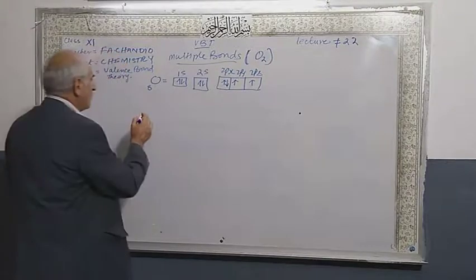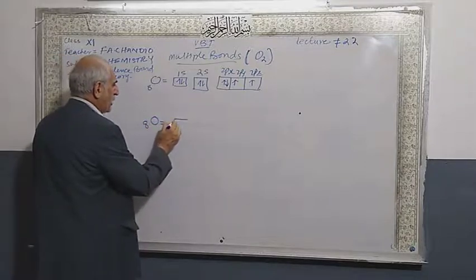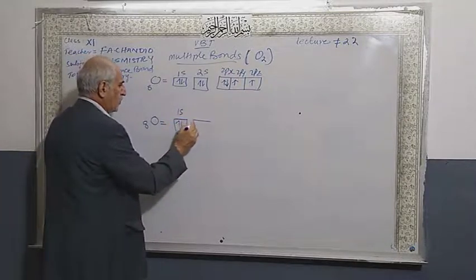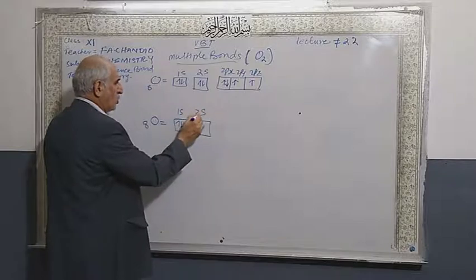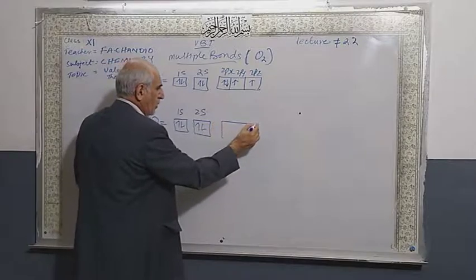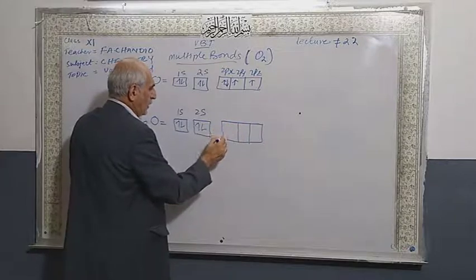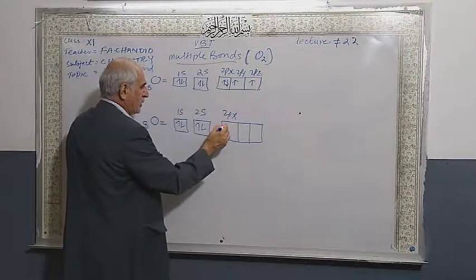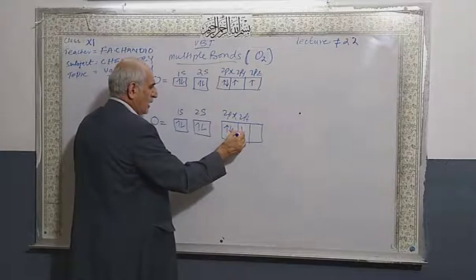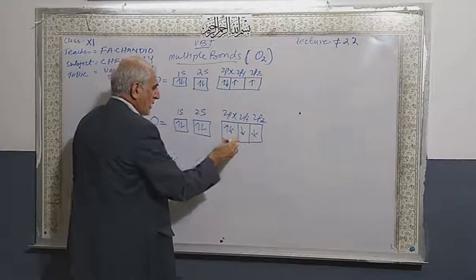This is one oxygen atom, and the second oxygen atom has the same atomic number 8 and the same electronic configuration. This is 1s2 and this is 2s2, 100% the same, and this one is 2px. 2 electrons, and according to the rule we have to put the lower, downward spin in 2pz like this.